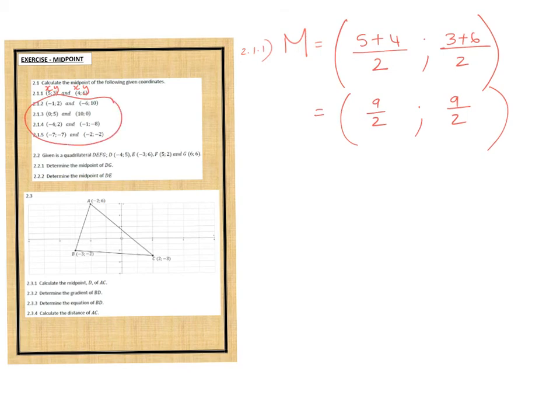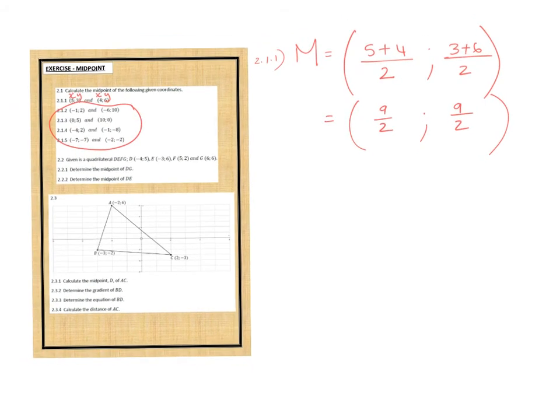Then for 2.2, it says, given is a quadrilateral DEFG. So that order that they've told you is the order you must draw it. DEFG. Right, DEFG. I just happen to draw it looking like a rhombus or parallelogram. It's just a force of habit. It makes no difference if you are drawing a square or a rectangle itself.